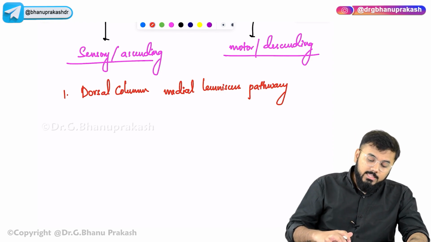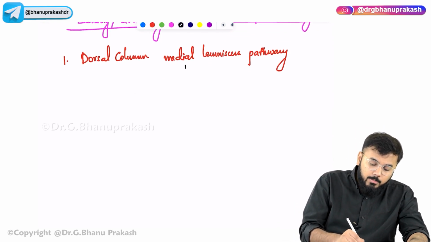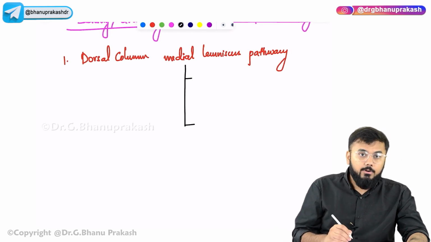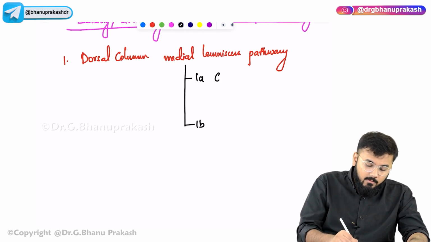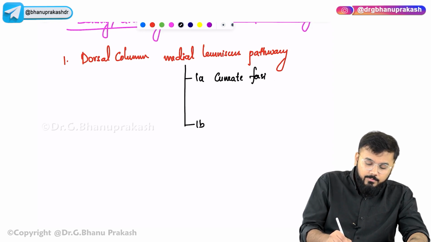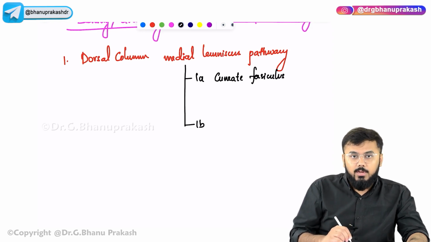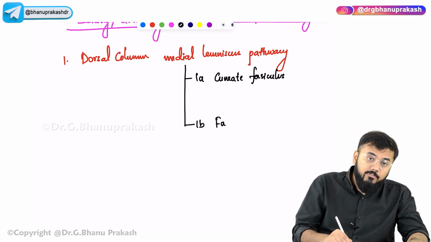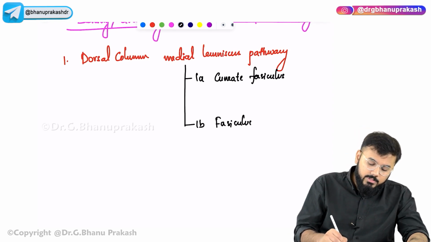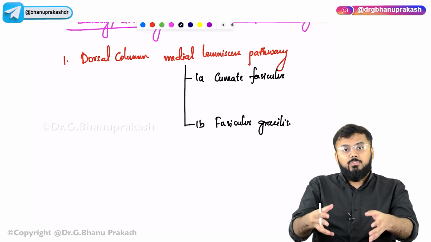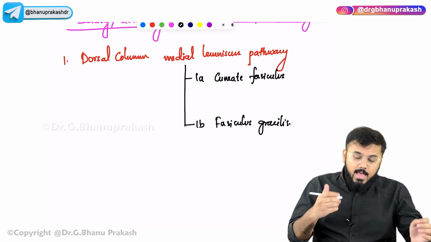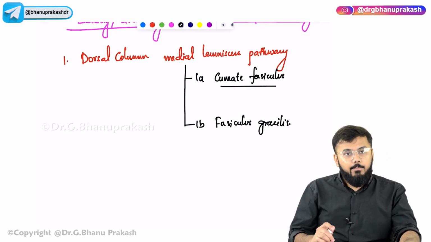Okay, so this dorsal column medial lemniscus pathway is in turn divided into two. It is called as 1A, 1B. What is 1A? 1A is cuneate fasciculus. 1B is fasciculus gracilis. It means one is taking the sensations from the gracilis, that is the lower limbs. Another one is taking the sensations from the upper limb.